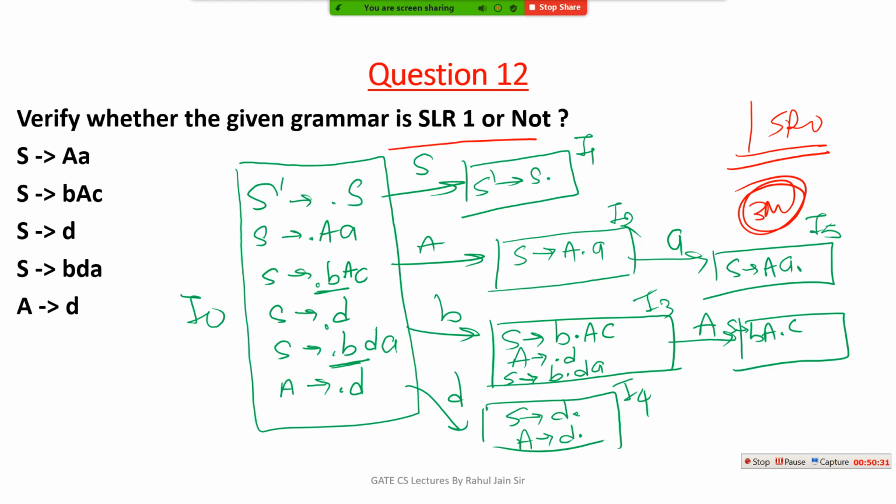On D I need to make one more state. On small d I need to make one more transition, that is A derives D dot and S derives B D dot A.